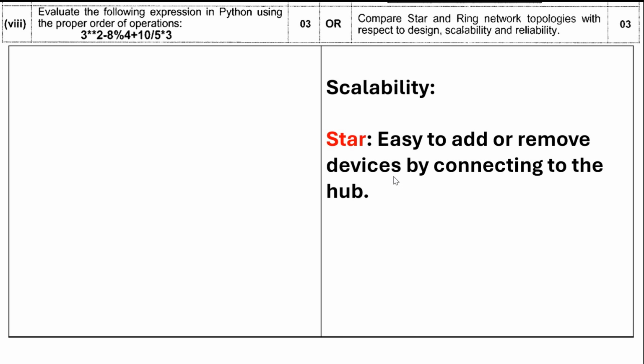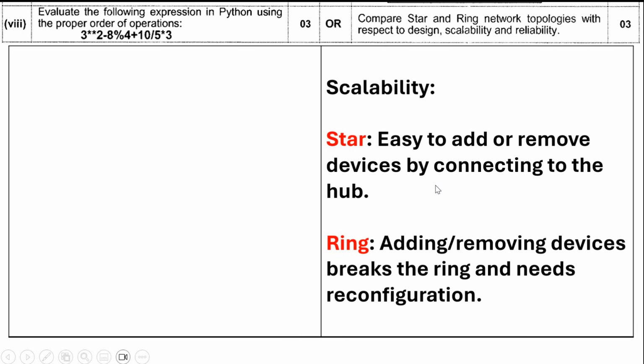Next point is about scalability. Scalability means you can easily increase the size. It is easy to add or remove devices by connecting to the hub, because you know that there is a central hub. As much as the hub has capacity to connect more devices, you can connect them.